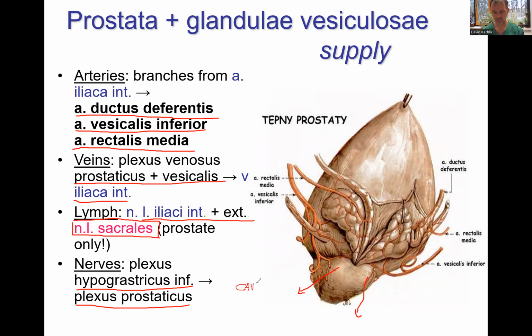And if you want to remove the prostate due to cancer, it's very important to keep the nerves and not harm them. So removal of the prostate, sparing these nerves, is now called a nerve-sparing radical prostatectomy, and after removal, the erection is assured to the patient. So please remember that the cavernous nerves are in very close contact to the prostate.